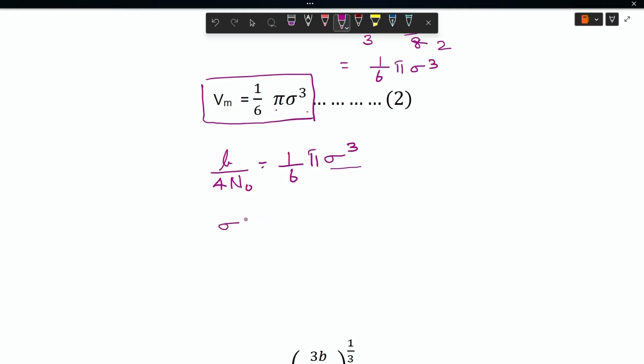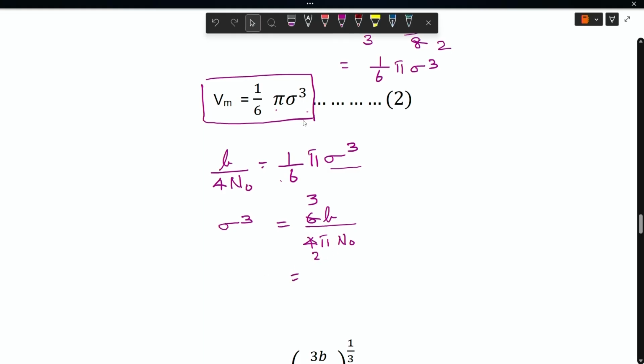Sigma cube is equal to, taking the other terms to the other side, we will have 6B going to the numerator. Now, pi comes to the denominator, 4 pi N0. Again I can cancel these two, this becomes 3 and this becomes 2.